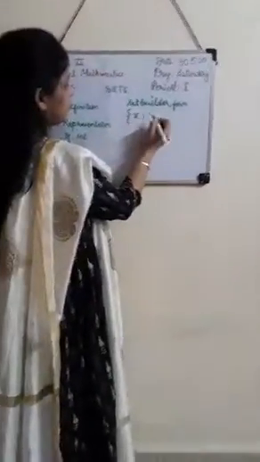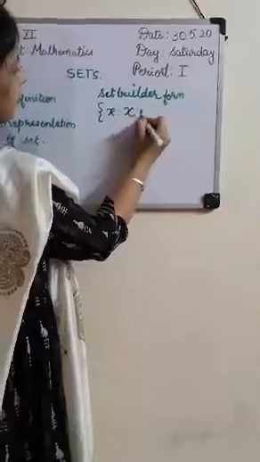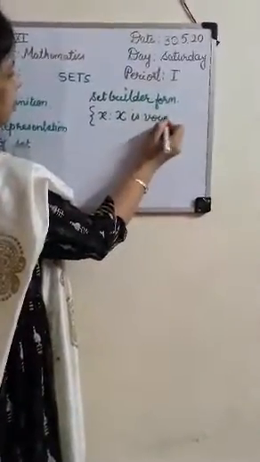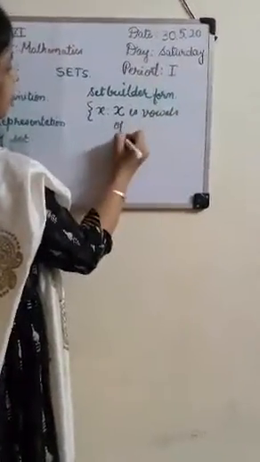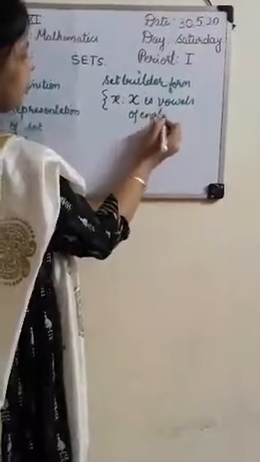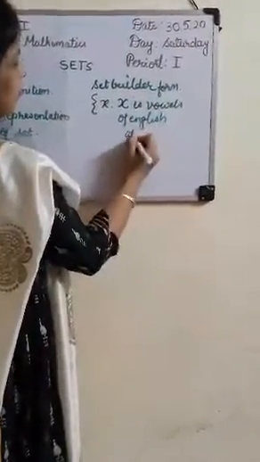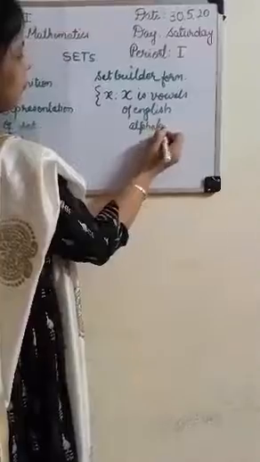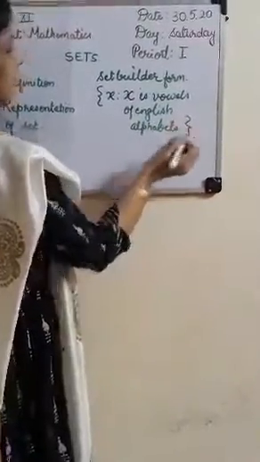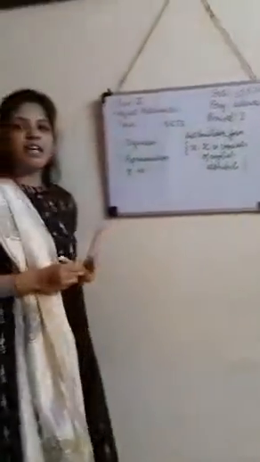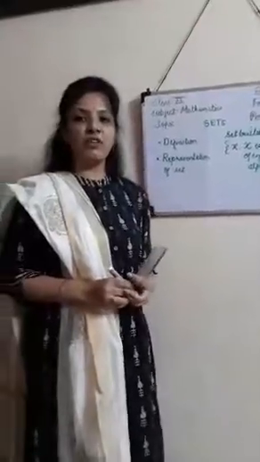In set builder form we write like this. Consider the set of vowels of the English alphabet.